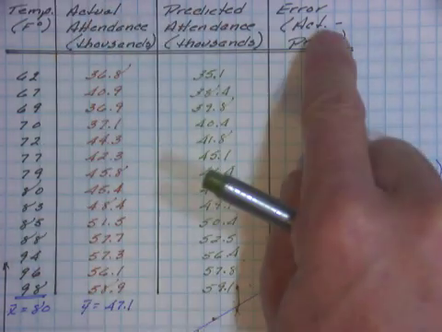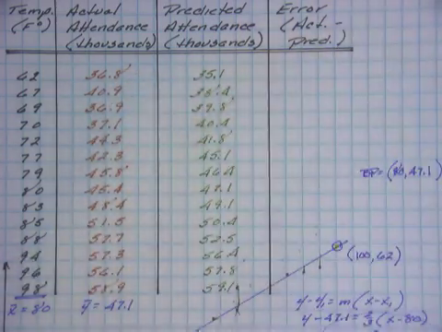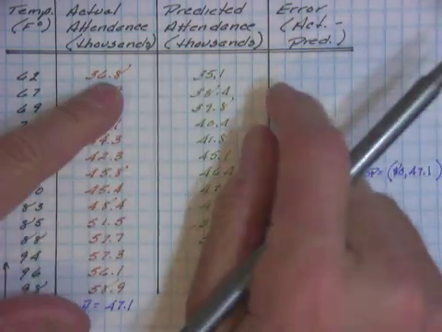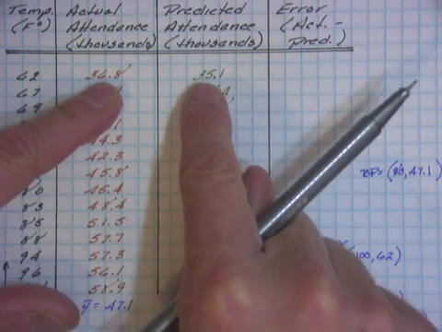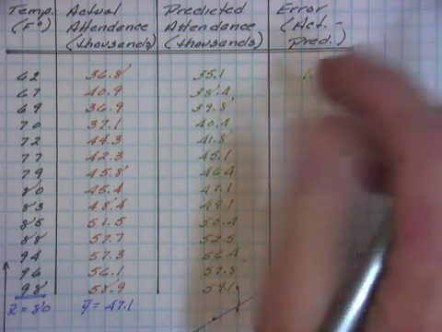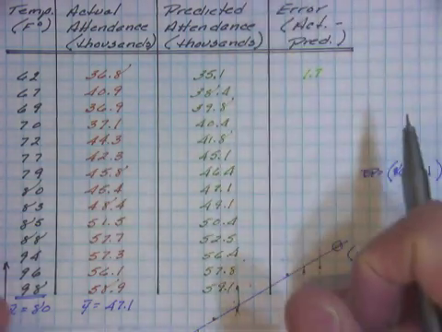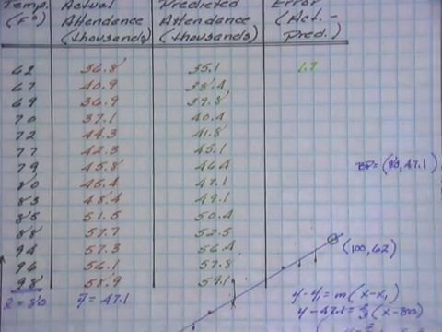So to calculate error, we take the actual attendance and subtract the predicted attendance, and that gives us an error. If I take 36.8 and subtract 35.1, it gives me 1.7. So that point has an error of 1.7.